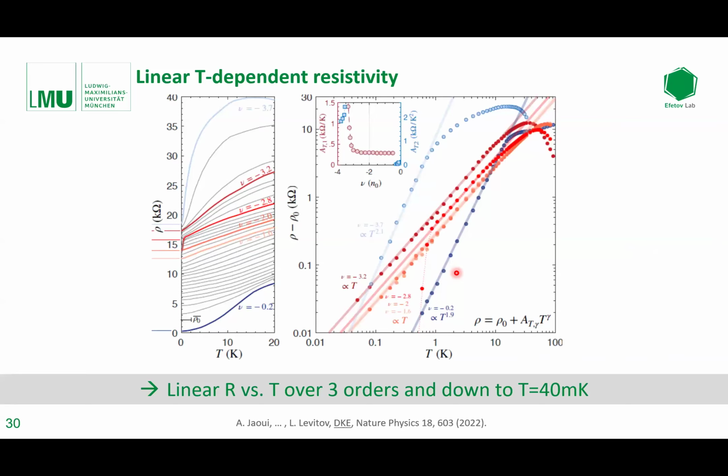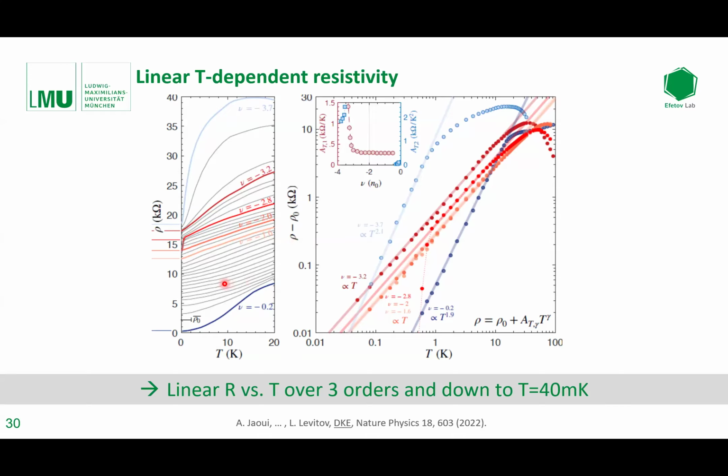Okay, and last but not least, to summarize the discussion about these different phases, I also want to show the linear R versus T data that has been observed in between the correlated insulators in the metallic regions of twisted bilayer graphene.